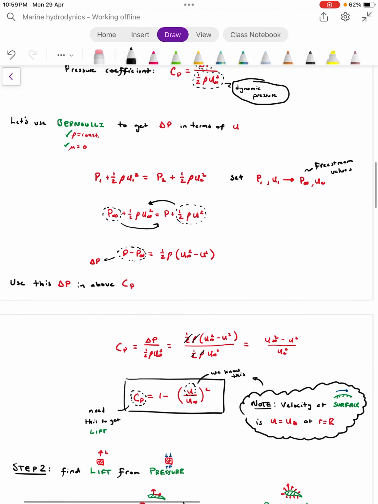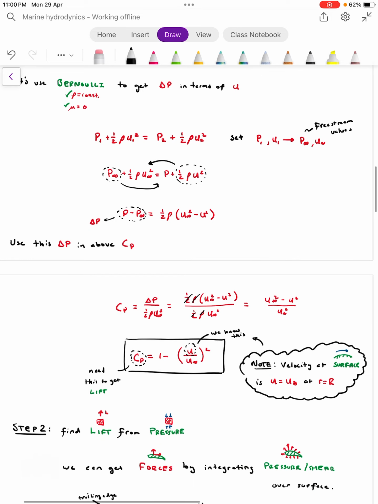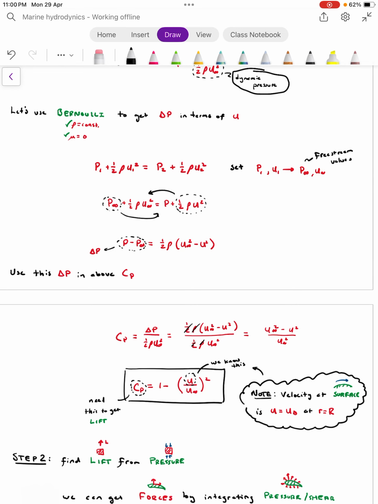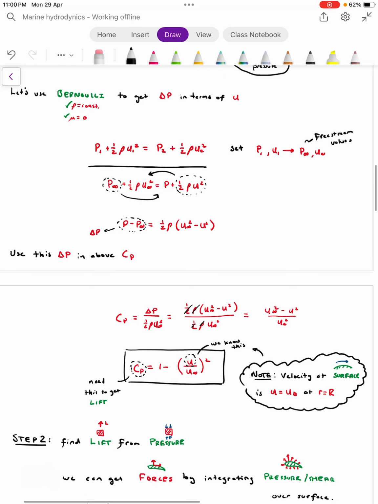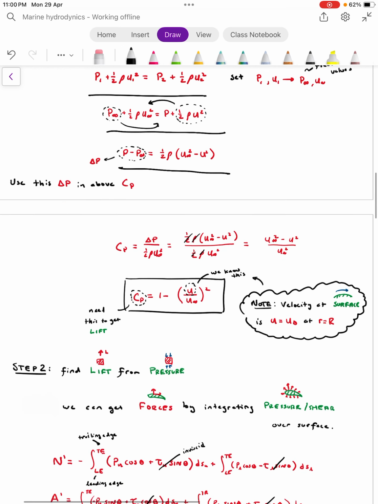First we have to calculate delta P, the pressure difference from the atmosphere, using the Bernoulli theorem. We will get the expression delta P, P minus P infinity, is equal to half rho (U infinity squared minus U squared).